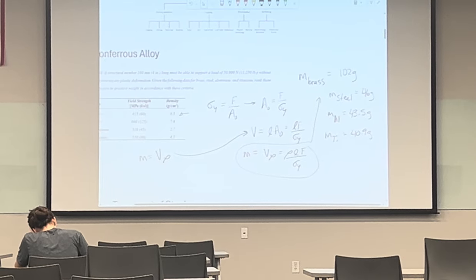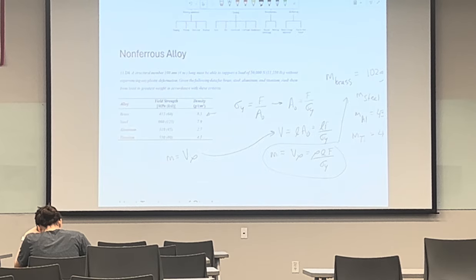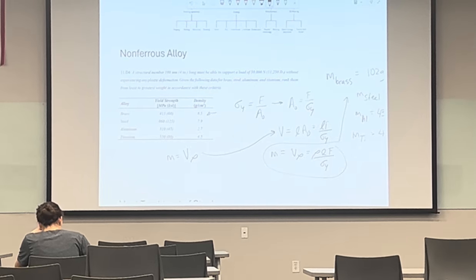So let's recap on this one a little bit. We're essentially using our yield strength equation, but we're altering it so that we can isolate that cross-sectional area. And then we're breaking down that cross-sectional area so that we can determine the mass of each of those elements by turning that cross-sectional area into a volume.